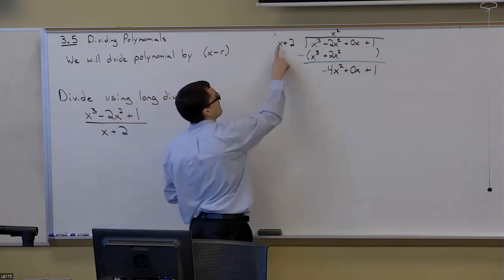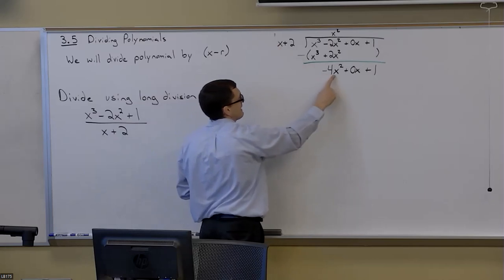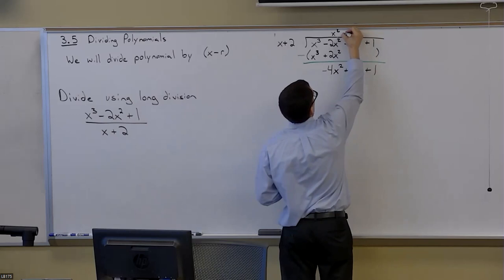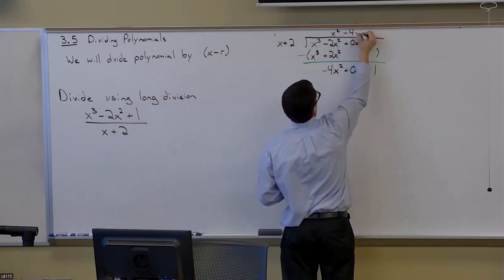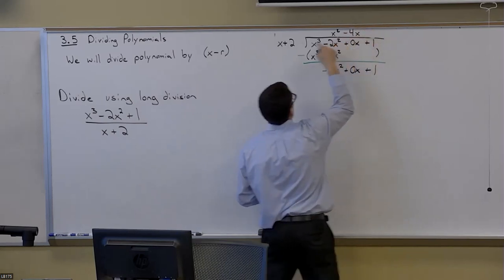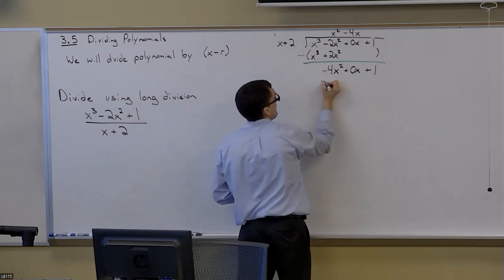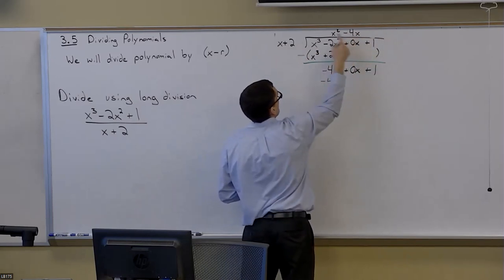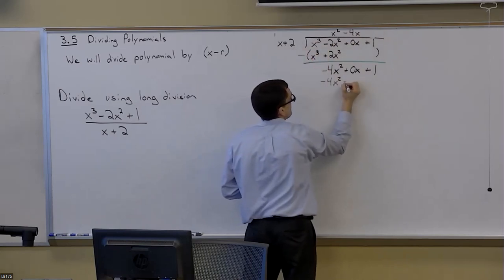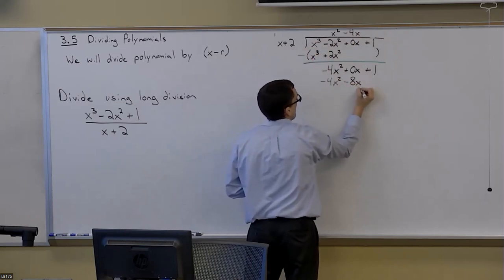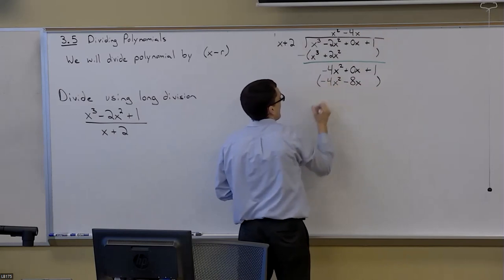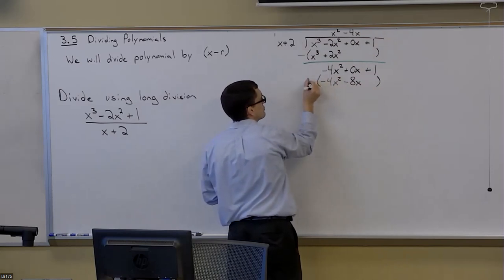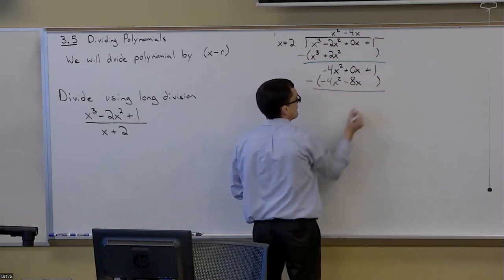That 0x, again, I just want to be there for a placeholder. Then I ask, what do I need to multiply x by to get negative 4 times x squared? I need to multiply by a minus 4x. Negative 4x times x gives me negative 4x squared. Negative 4x times 2 gives me minus 8x. I'm going to subtract this once again.